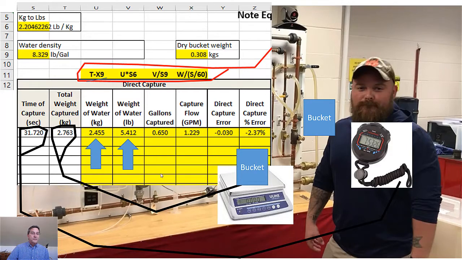We then can convert that to gallons using this factor right down here. That then tells us the capture flow. So how many gallons did we capture over how much time in seconds? So you'll add the equations to calculate all that. And then just like before, we can get the error and the percent error.